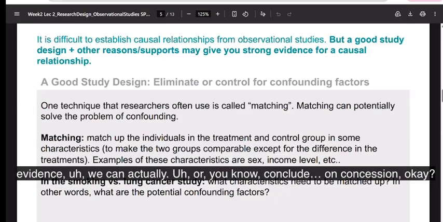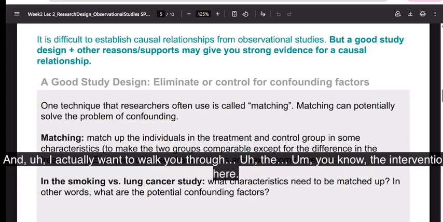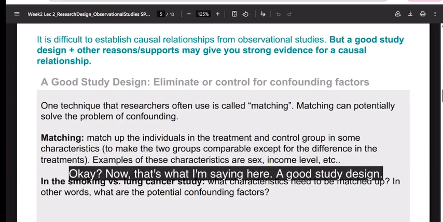I actually want to walk you through the intervention here. That's what I'm saying: a good study design with very strong evidence. And with a good study design, we eliminate or reduce confounding.